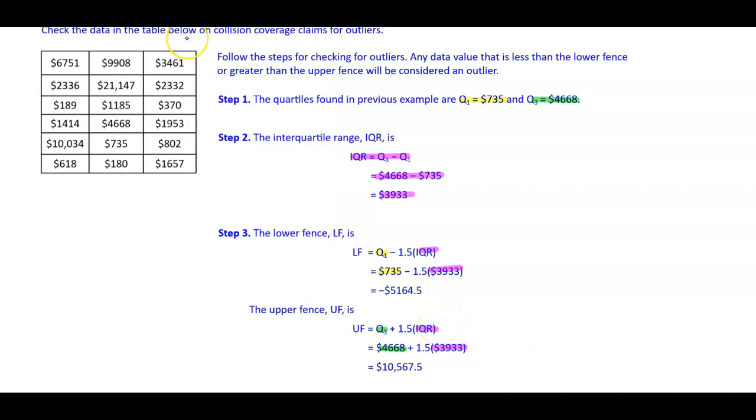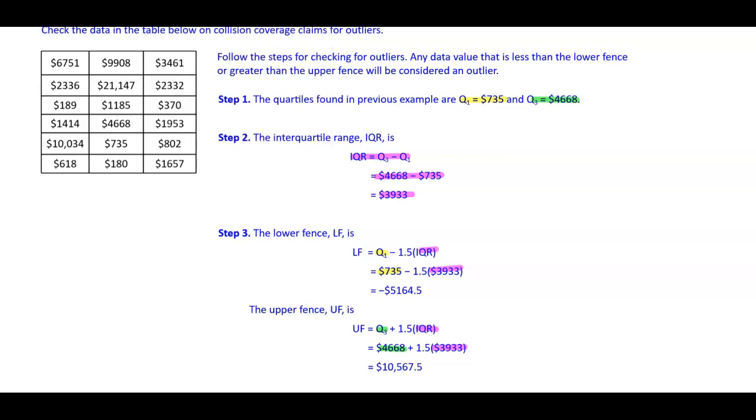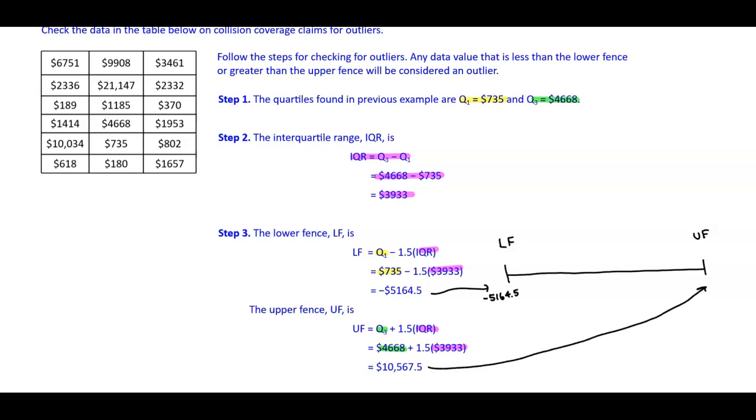I'm going to draw a picture so you can see visually what this means. We have a lower fence and an upper fence. Our lower fence is the value of negative 5,164.5, and our upper fence is the value of 10,567.5.